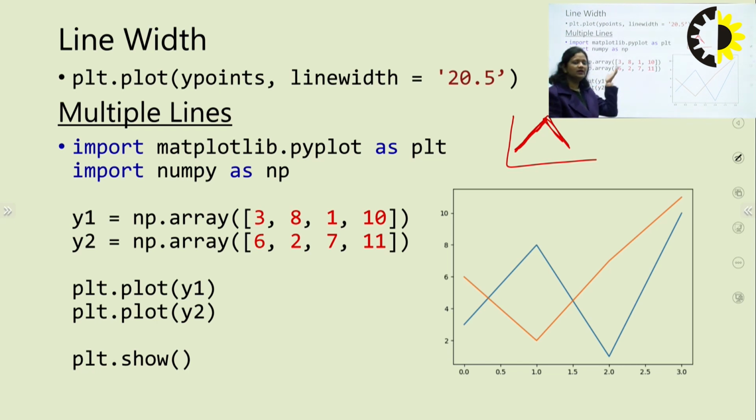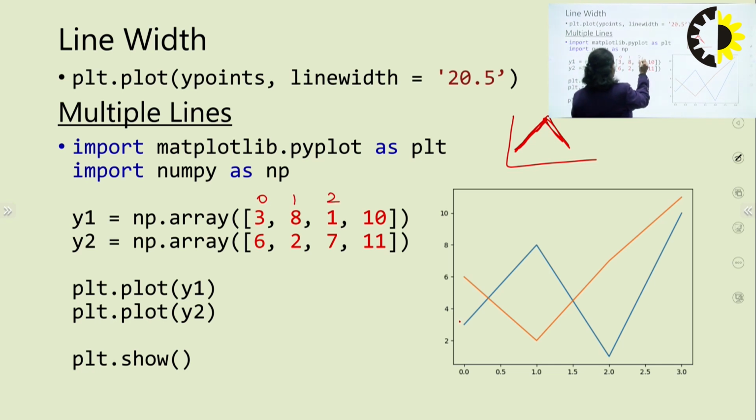In this program, the default x points would be 0, 1, 2, 3, and the y points for one line are 0, 3, 8, 1, 10, and for the other y points are 6, 2, 7, 11.